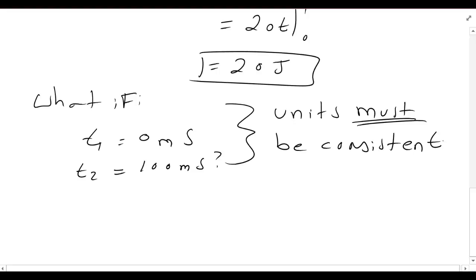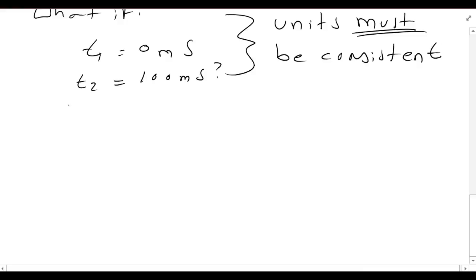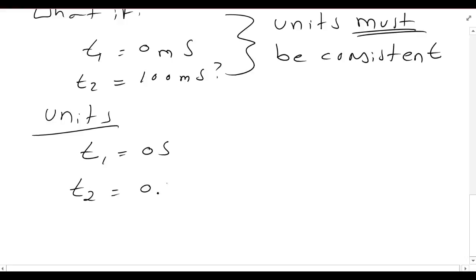Typically, what this means is we want to make sure everything is in seconds, joules, volts, and amps. So, before I do this, I'm going to change my units. t1 is still 0 milliseconds, I beg your pardon, 0 seconds, because 0 milliseconds and 0 seconds are the same. t2, on the other hand, is 0.1 seconds.